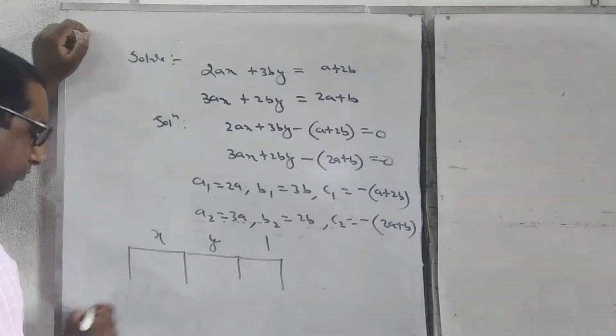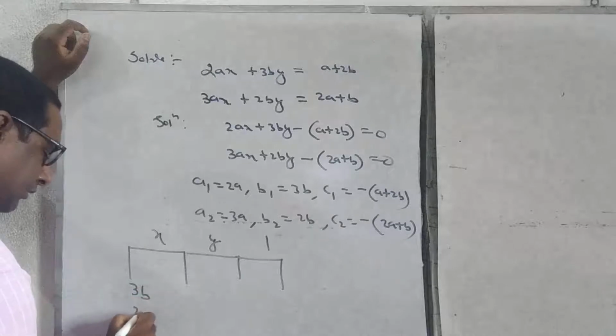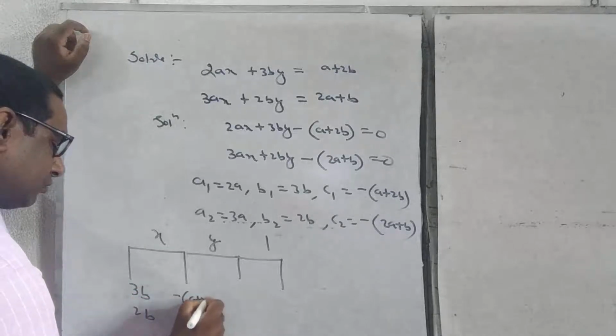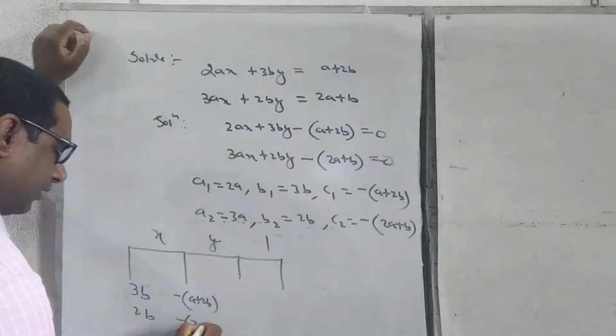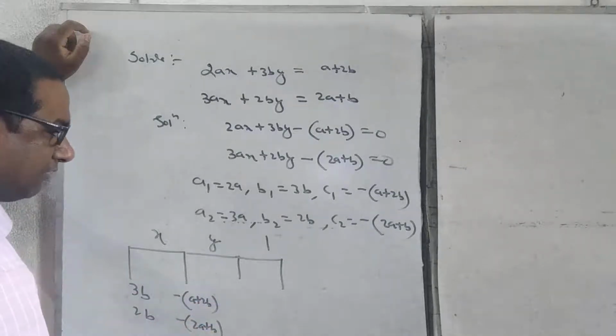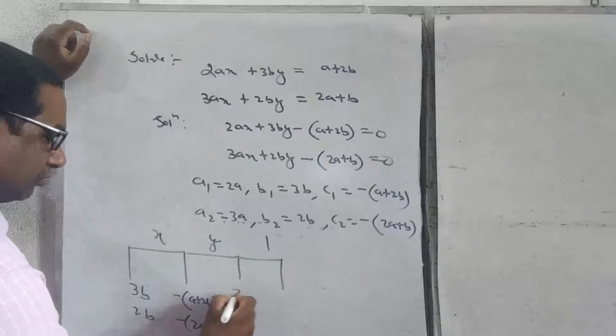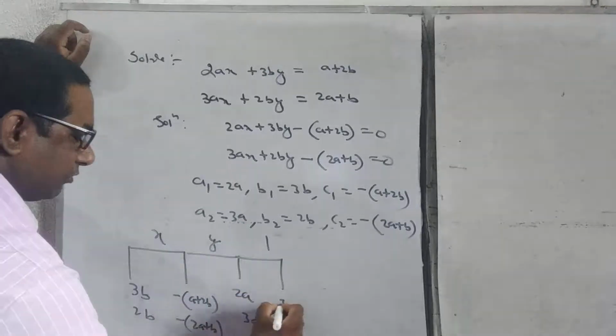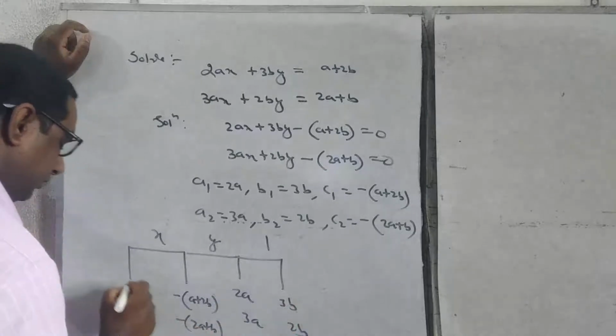So here b1, b2: 3b, 2b. Here c1, c2: minus (a plus 2b), minus (2a plus b). Then a1, a2: 2a, 3a. Then again b1, b2: 3b, 2b.